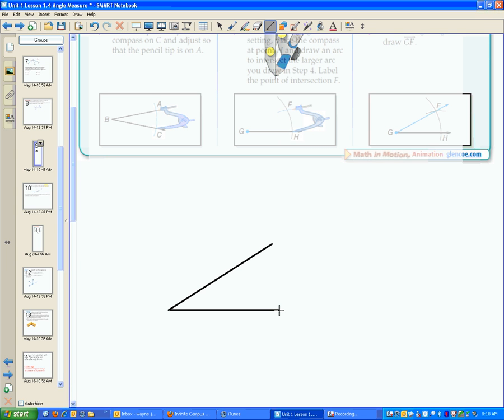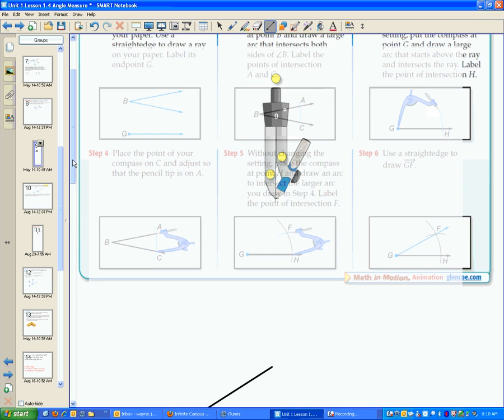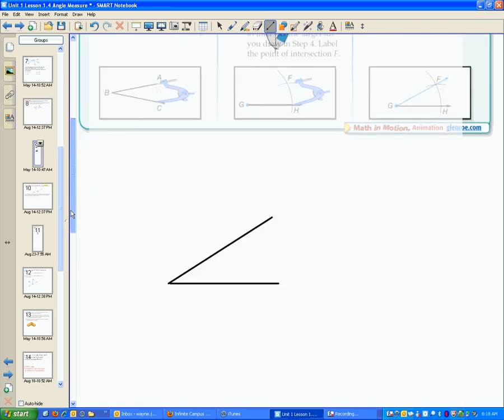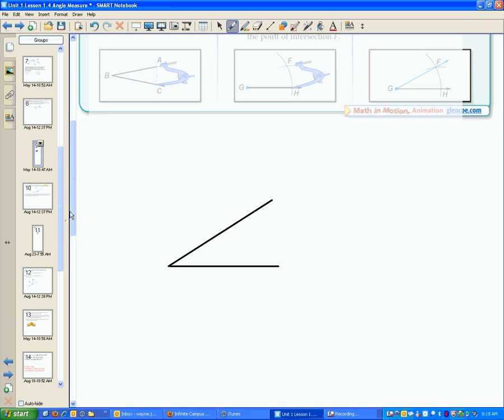Something like that. And we'll call this angle ABC, or whatever you want to call it. And we are going to construct an angle that's congruent to this.